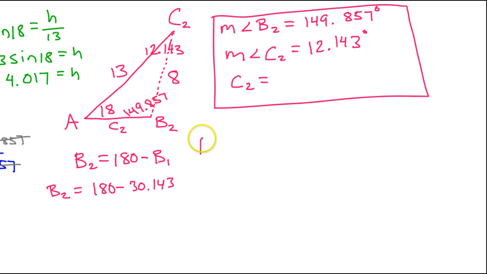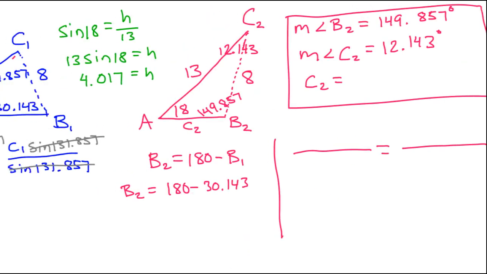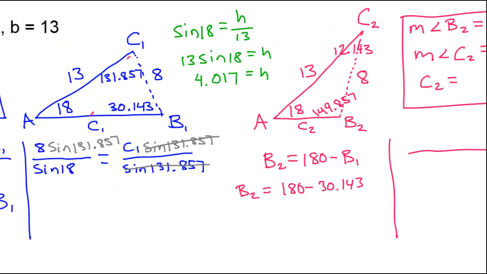Okay, so finally, to find side C2, I can just do the law of sines again. And again, since I'm looking for a side, I'm going to put my sides in the top, in the numerator. So I'm going to do 8 over sine 18 again, just like I did last time.